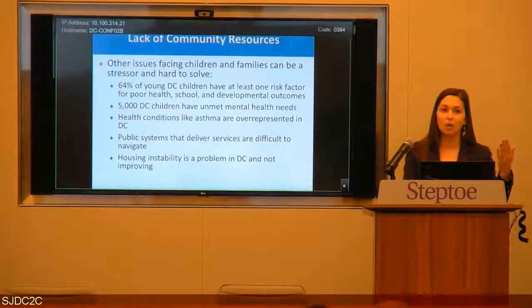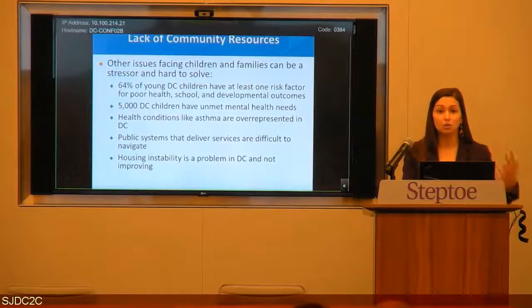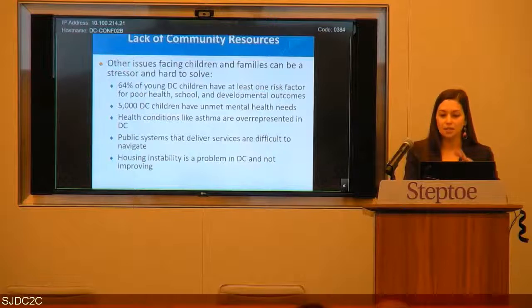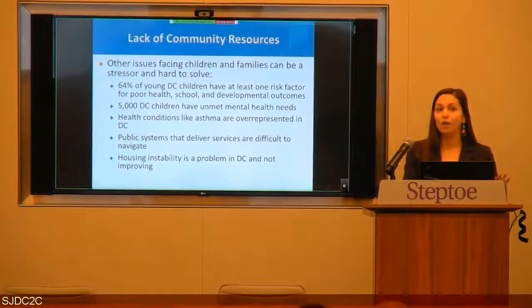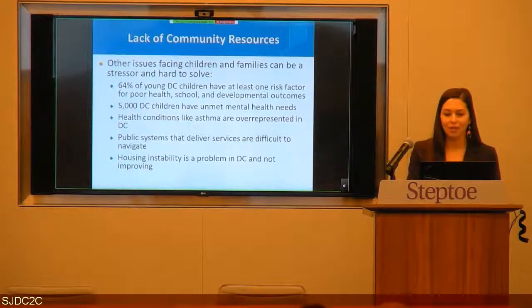Of course, we talk about housing conditions cases and children who are sick from issues in the home. We have a huge crisis in affordable housing in DC. So it's not just the poverty that families are living in, but also the extra things on their plate, and the lack of resources in the community to help them navigate services.